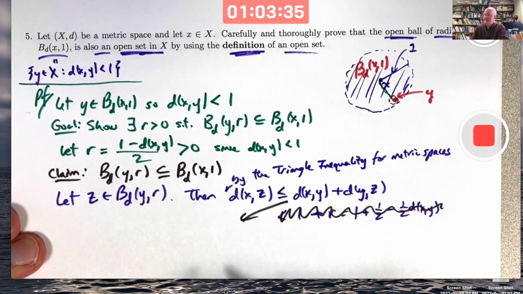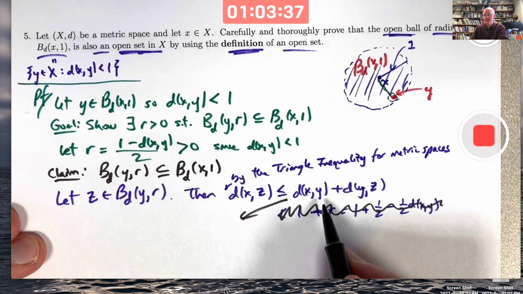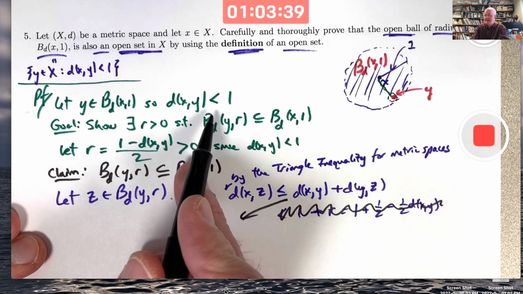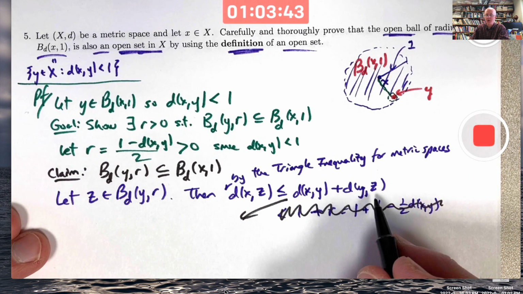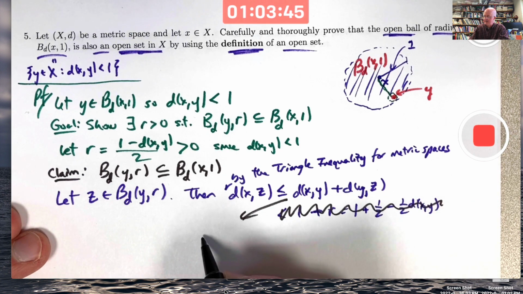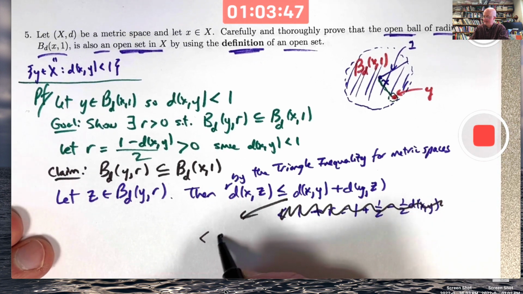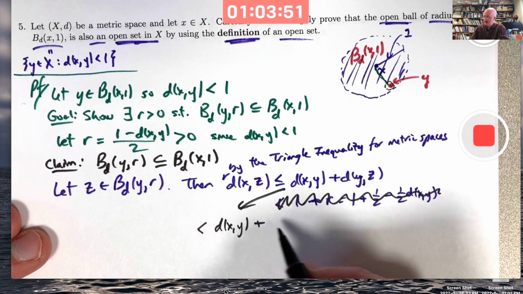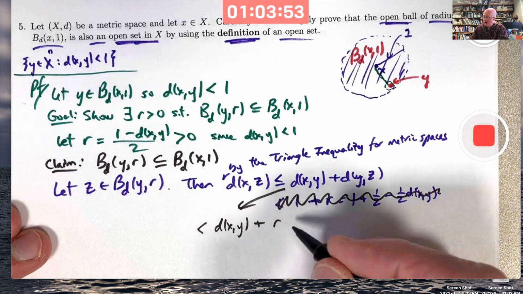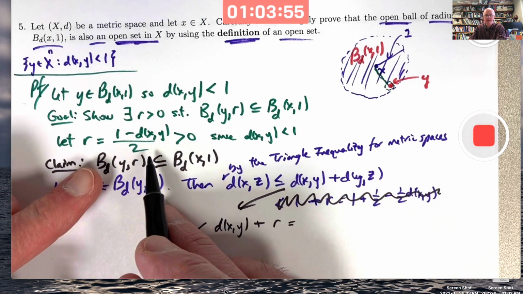The way to fix the mistake is do not say right away that this is less than 1, as I was tempted to do, but instead emphasize the fact that the distance between y and z is less than r. So this becomes less than the distance between x and y plus r. But what is r? R is up here.